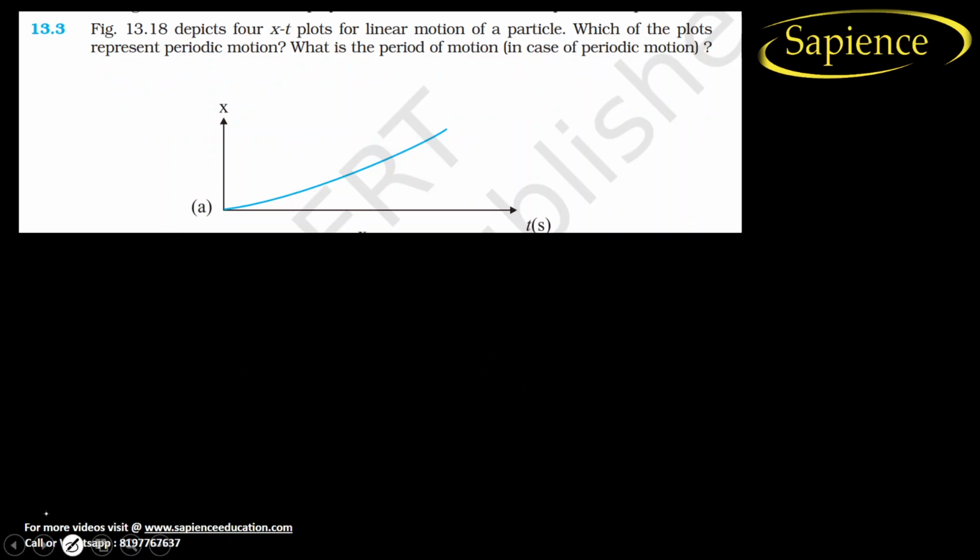The next question: Figure 13.18 depicts the x-t plot for a linear motion of a particle. Which of the plots represent a periodic motion, and what is the period of motion in case of periodic motion? We know that periodic motion means the motion should repeat. Here it is going upward, so it is not repeated.